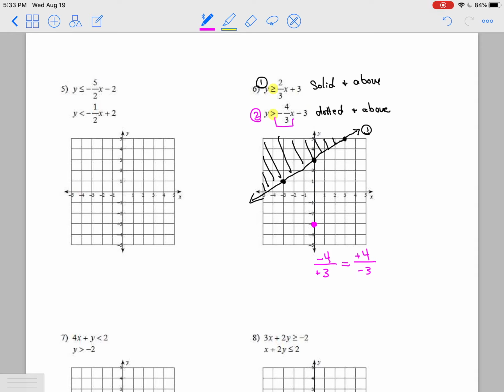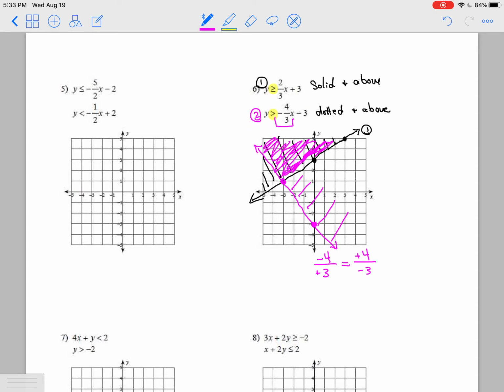It's still a negative slope, right? It's still going to give me a negative number, so that works just fine. So I'm going to go up 4: 1, 2, 3, 4, and negative 3: 1, 2, 3. Okay, so we can see that's going to intersect the other line right there. And I'm shading above.